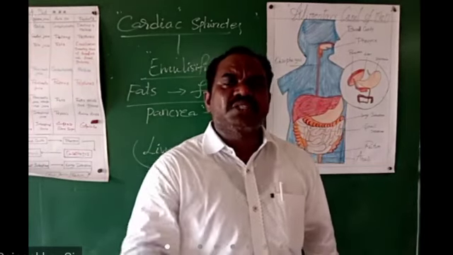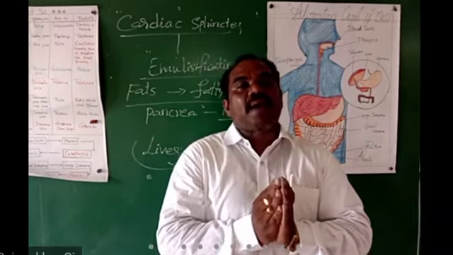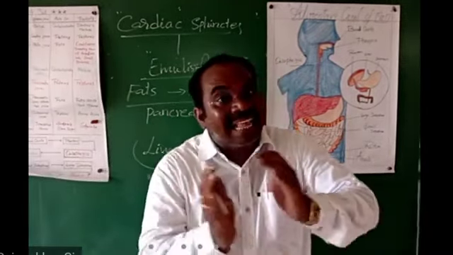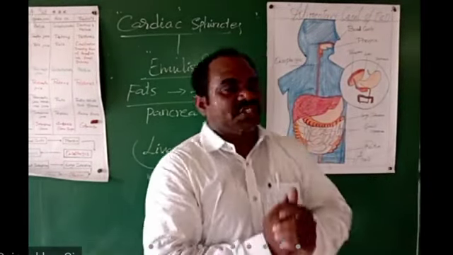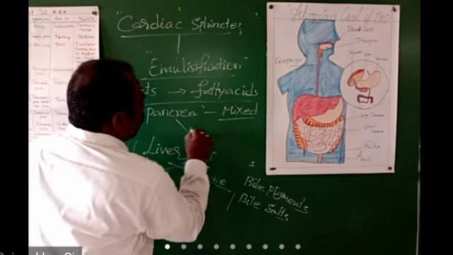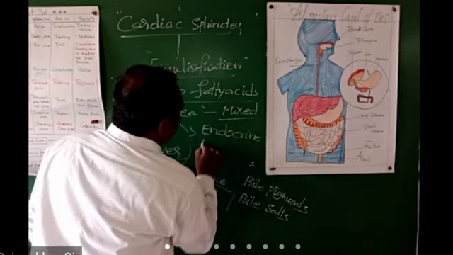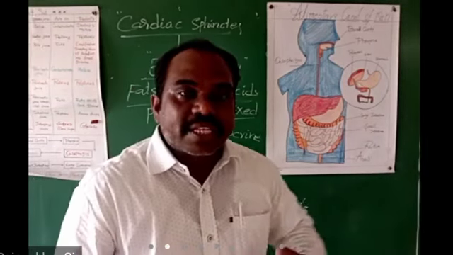One part of the pancreas is present in the endocrine system and another part of the pancreas is present in the exocrine system.